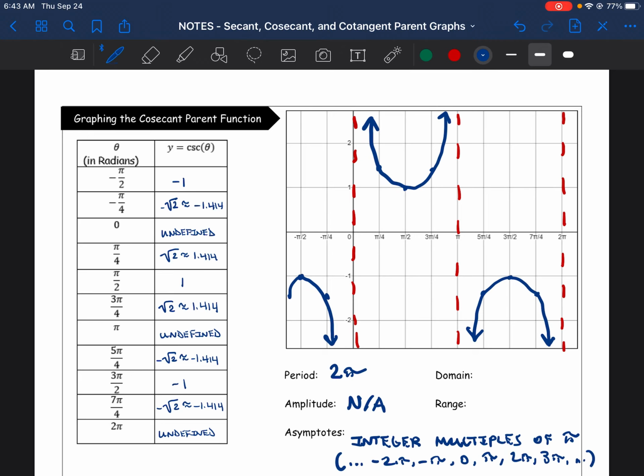So when we think about the domain, very similar to the secant graph that we just saw, the domain is going to be all real numbers except at asymptotes.